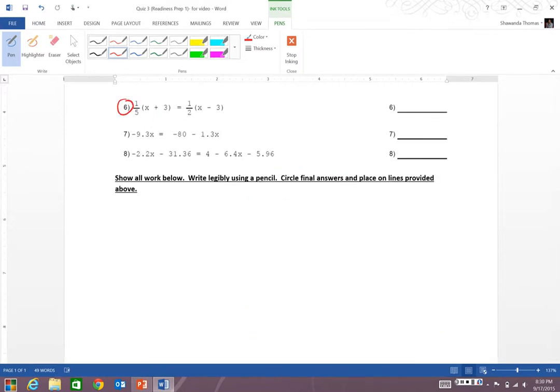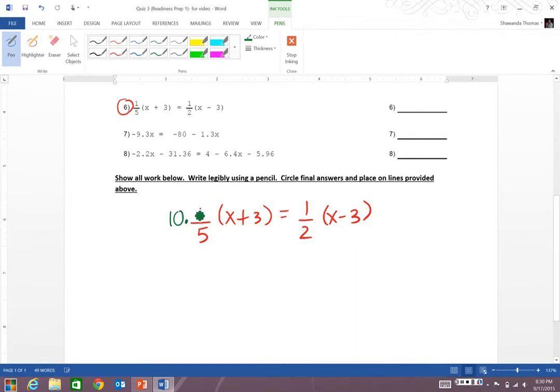Number 6 contains fractions. So let me rewrite number 6. So what is the LCD of this problem? As you can see, the denominators are 5 and 2. What number can both 5 and 2 go into? Well, it is 10.